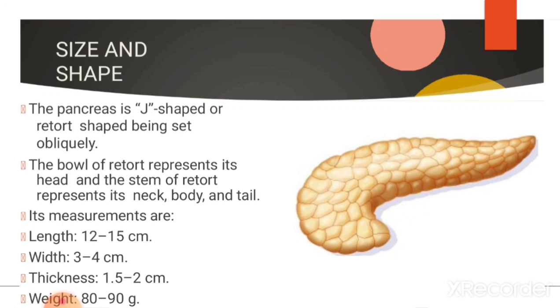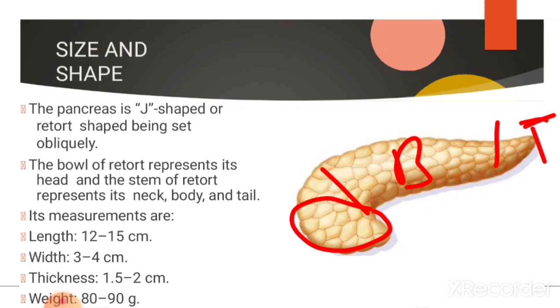So this part is the head, this is the neck, this part is the body, and this part is the tail. The length of the pancreas is about 12 to 15 centimeters, width is 3 to 4 centimeters, thickness is 1.5 to 2 centimeters, and the weight is 80 to 90 grams.